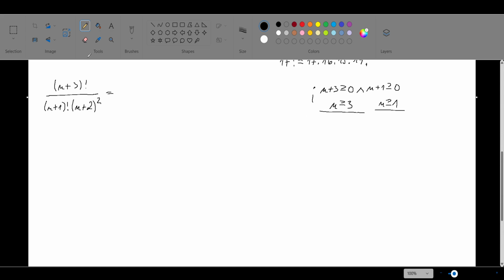It is enough if you think about the biggest factorial that occurs in your expression. Okay, I will remind you in the next exercise as well.